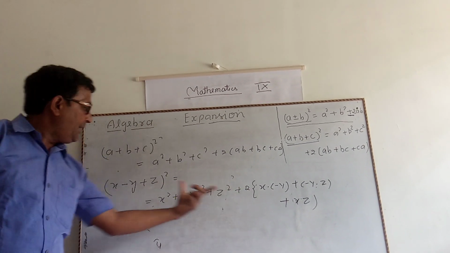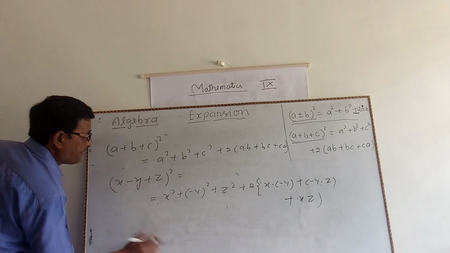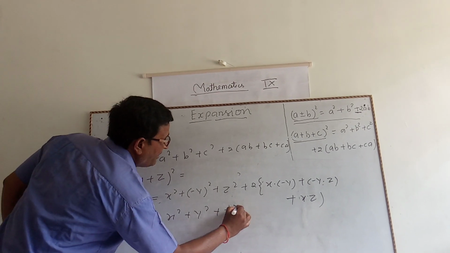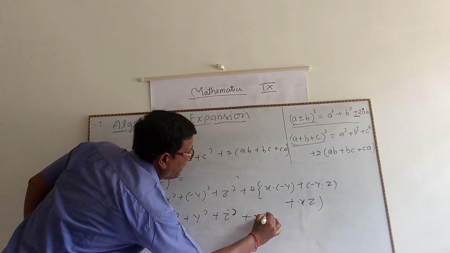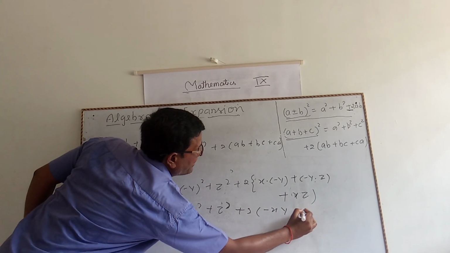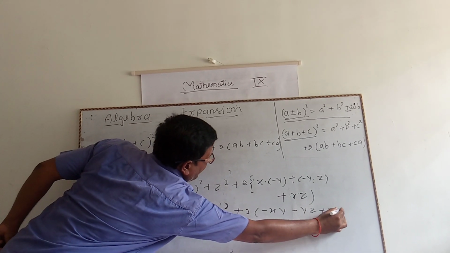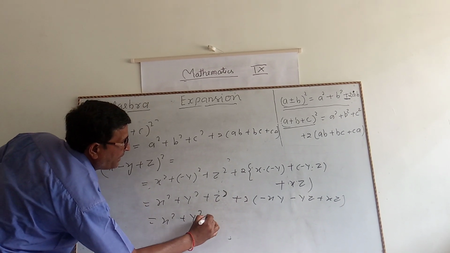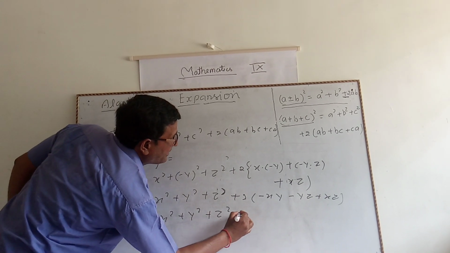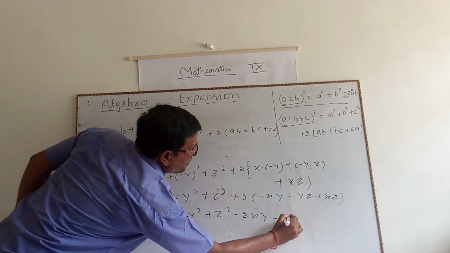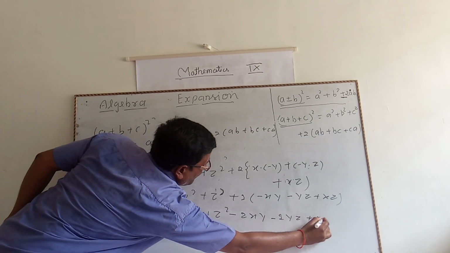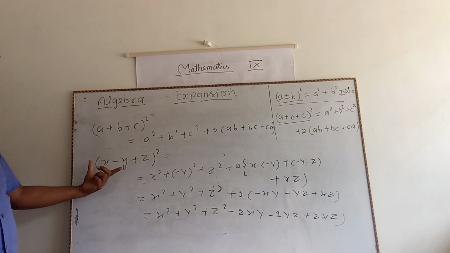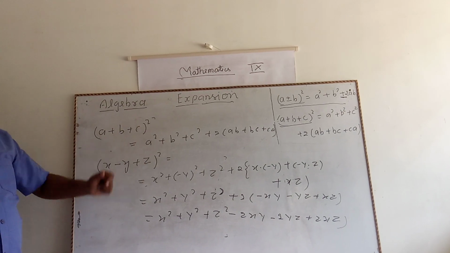After that you simplify and you will get the result: x square plus y square plus z square plus 2 into minus xy minus yz plus xz. If you want to simplify more, then x square plus y square plus z square minus 2xy minus 2yz plus 2xz. This is your result of the expansion of the trinomial x minus y plus z.